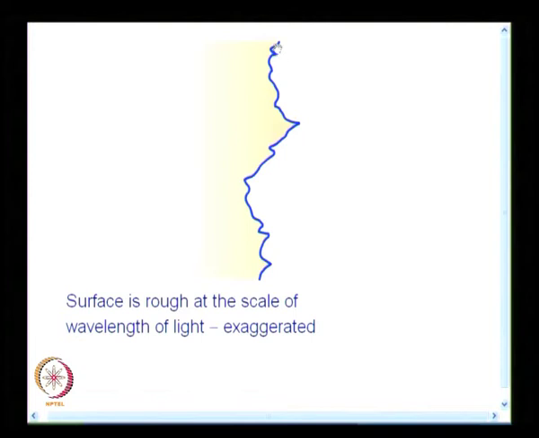The surface for all practical purposes will be very smooth and straight, but if you look at the wavelength of light, the surface is rough at that scale. It is a very highly exaggerated picture of the surface to illustrate how speckles are formed, and it is very interesting. This will open up deeper understanding on how you have these methods.